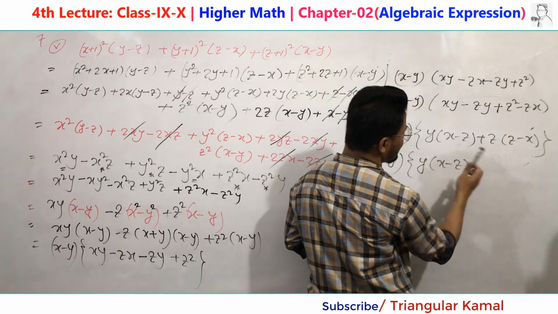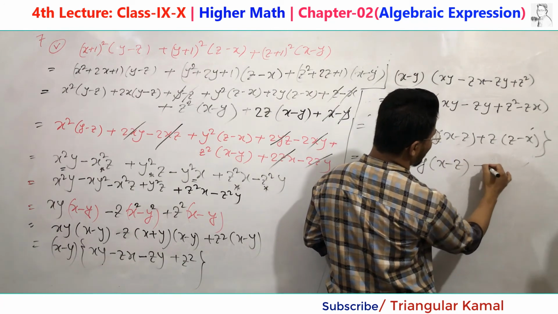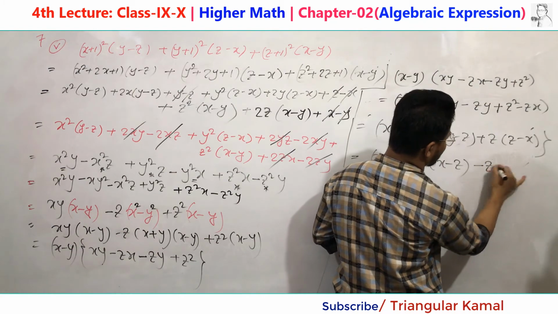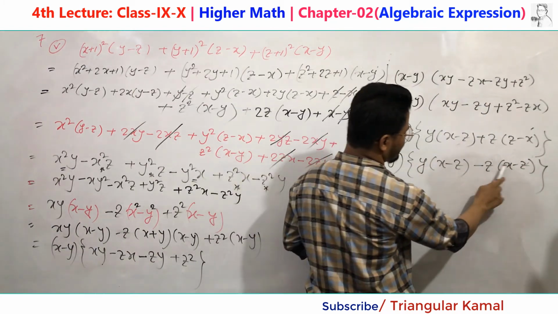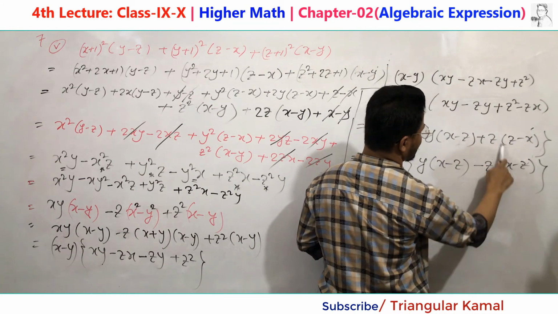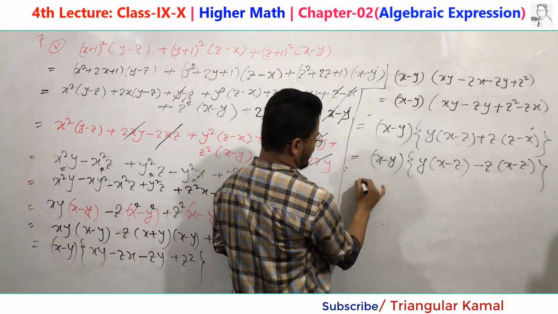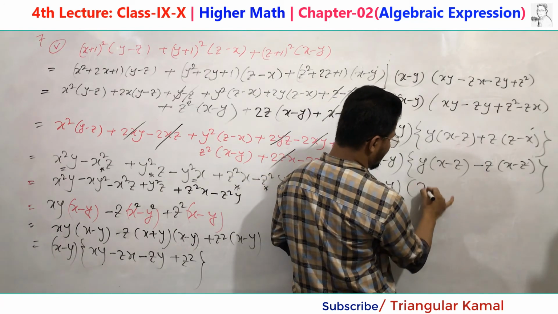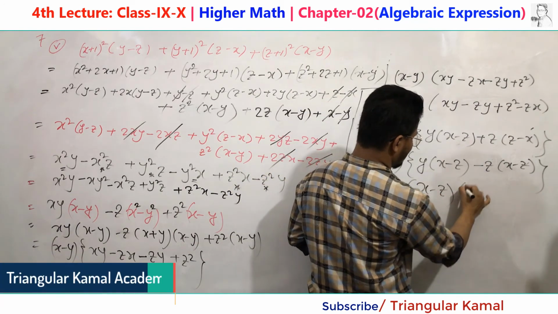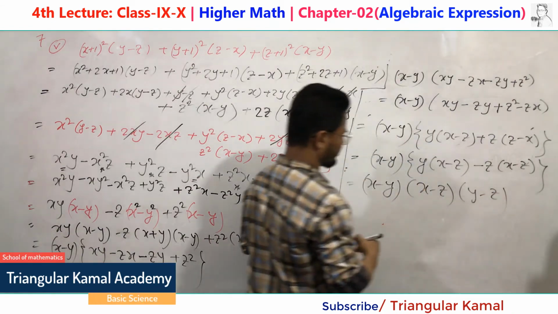These are not the same, so take minus z common, this one will be x minus z, plus minus a minus zx, minus minus a plus z square. Now x minus y, just find the common one, x minus z, this one is y minus z.